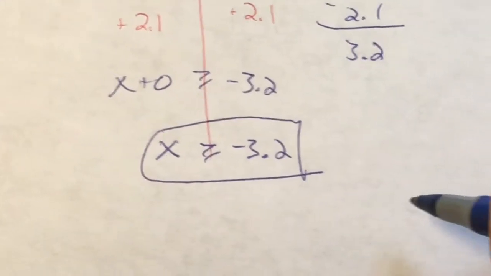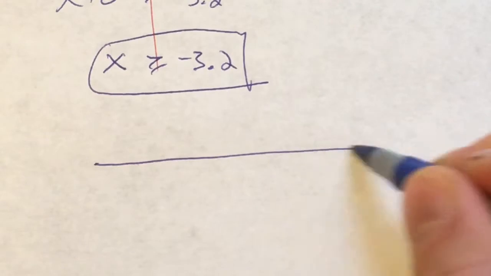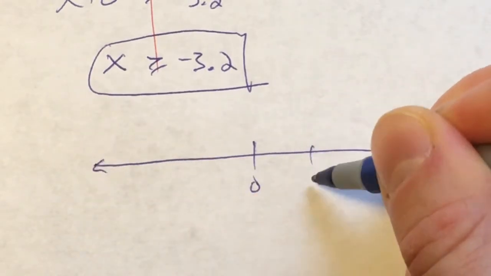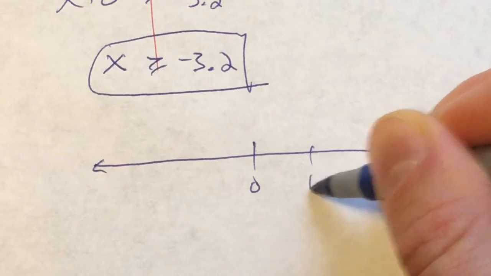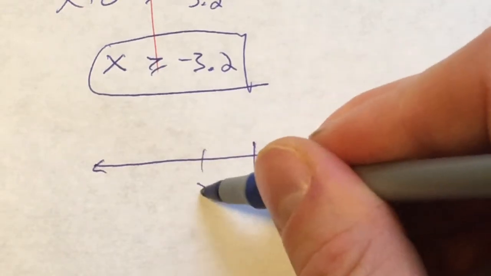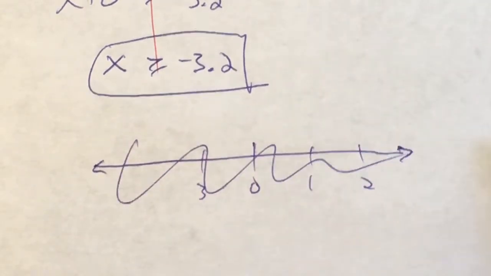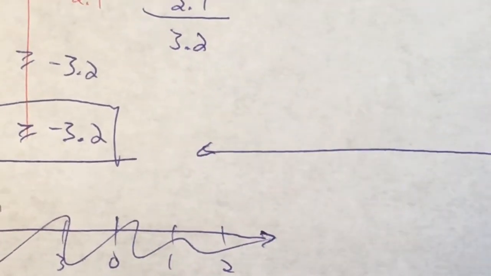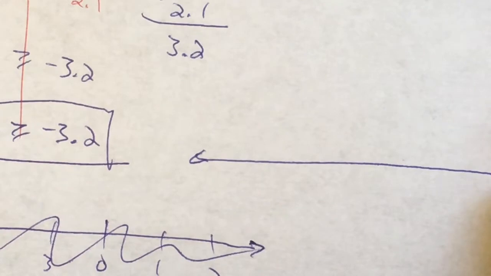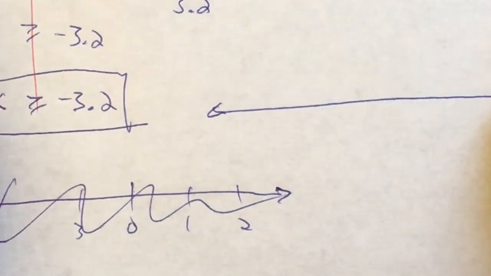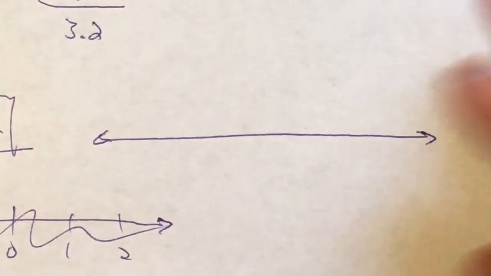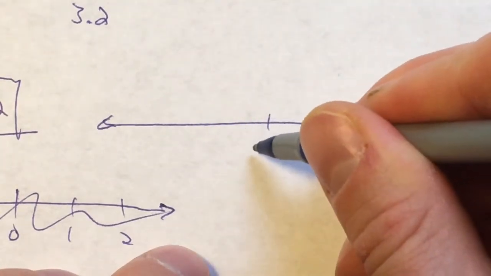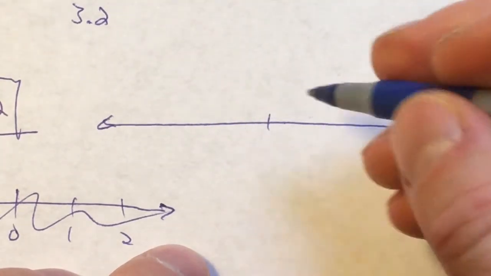Heat's kicking on. And graph your solution. 1, 2, 3. Oops, jeepers. Here we go. What would be the best way to do that?